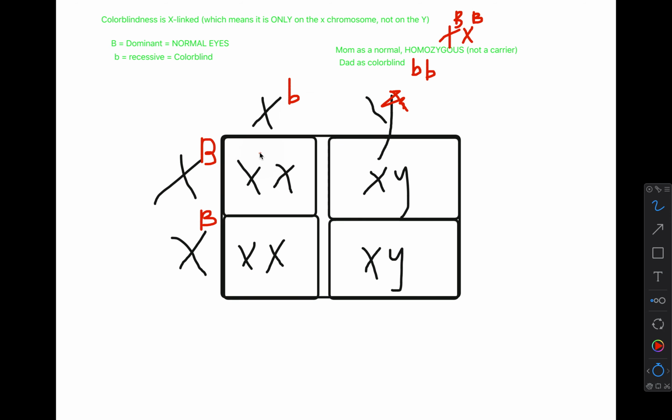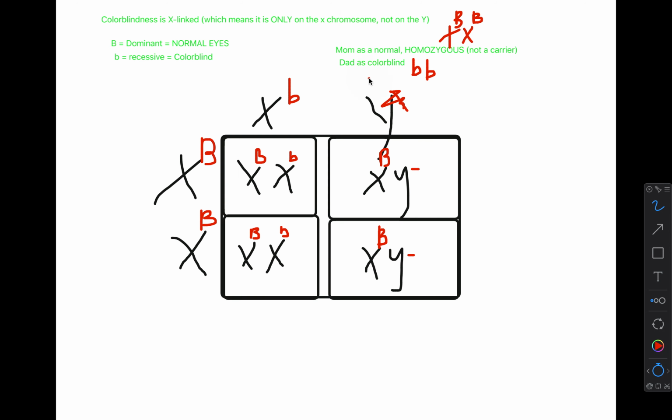So this is capital B, lowercase b, capital B, lowercase b. Over here, the Y is nothing, right? This is capital B, capital B. So you get something weird happening.